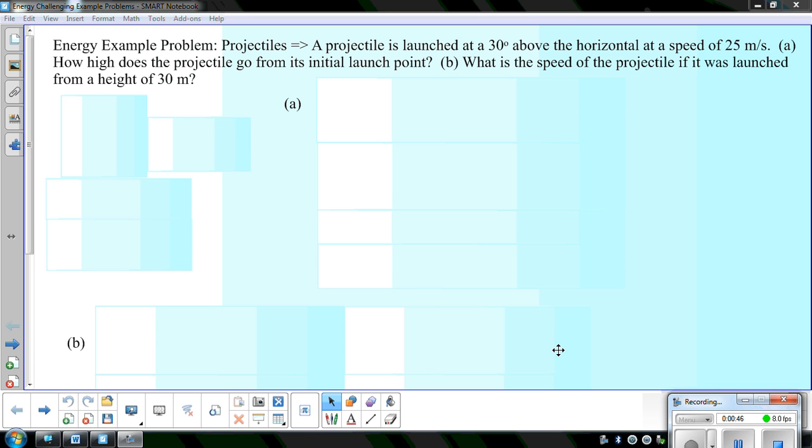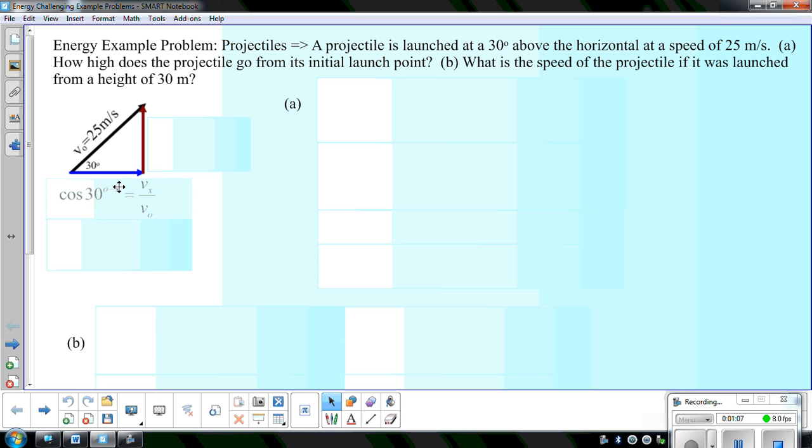earlier this year, right, we'd have to take our 30 degrees above the horizontal and 25 meters per second. We would have to split it into its x and y components, because if it's moving at 25 meters per second at this angle of 30 degrees above the horizontal, we would need to know the Vx and the Vy initial.